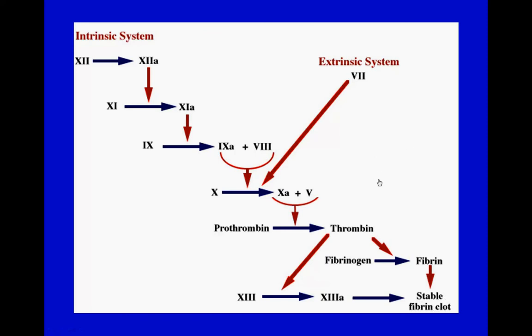So as you look at the slide, the takeaway information is to stop bleeding, I need prothrombin, thrombin, fibrinogen, that degrades to fibrin. I need clotting factors, and there are 3 pieces to this clotting cascade.